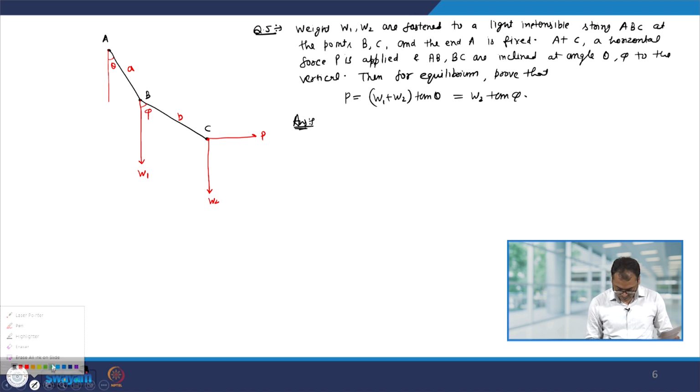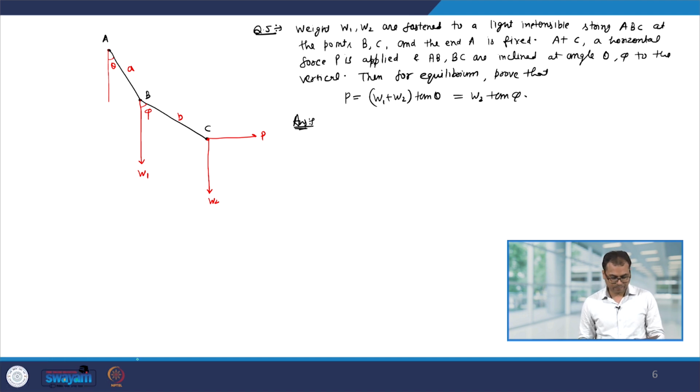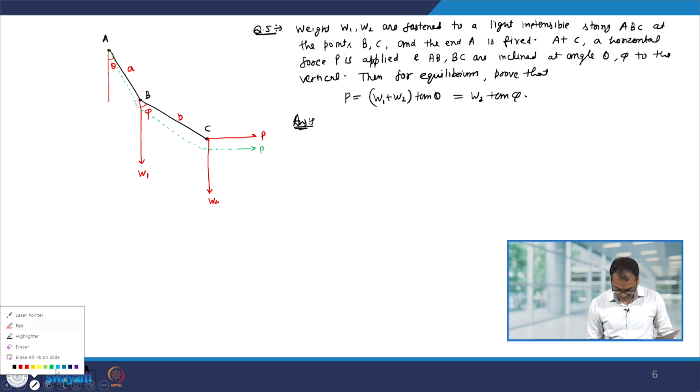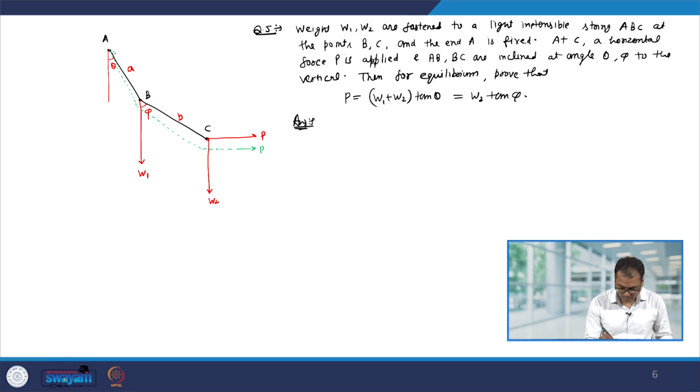So, we can think because of the weights W, it is going to move like this, and because of the force P, we can think that the system is going to move like that.